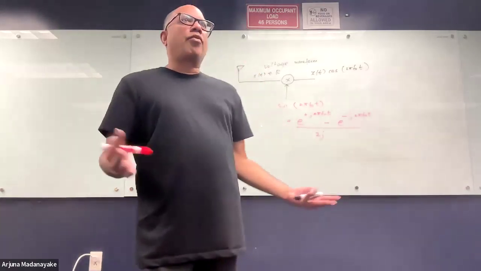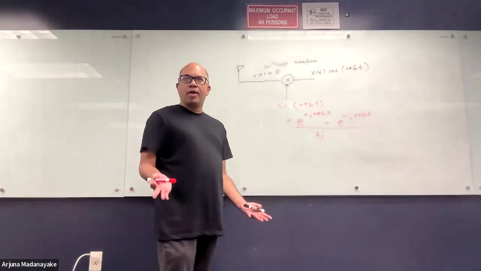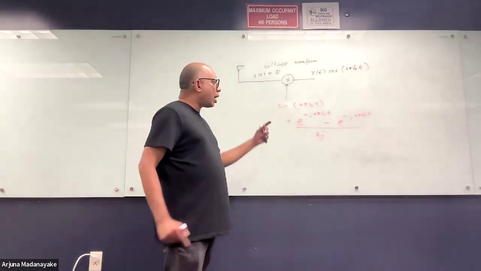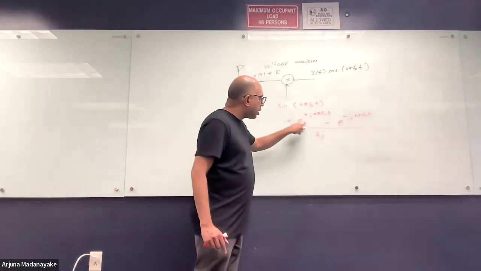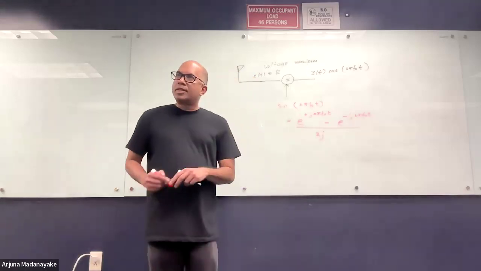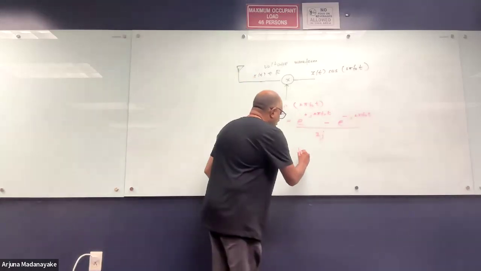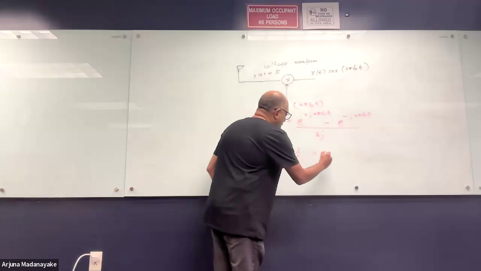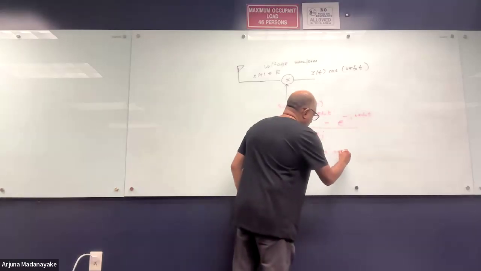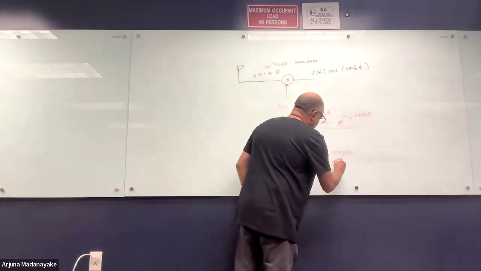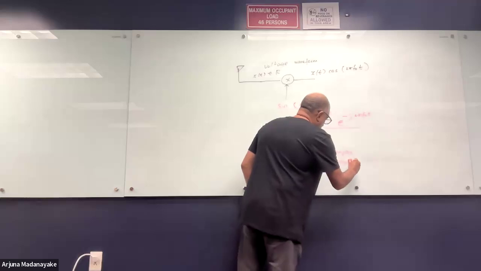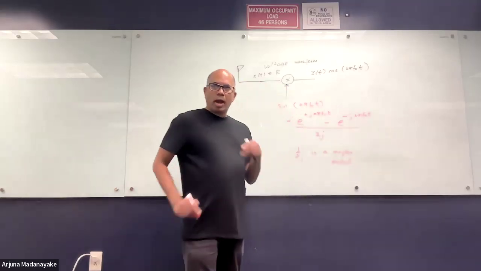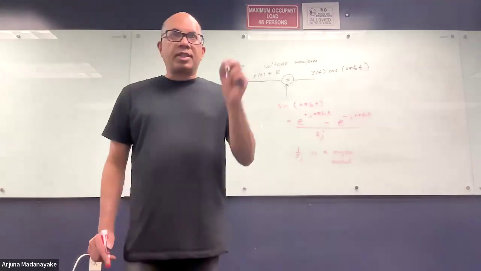But that's fine because capital X of f is anyway complex valued, no matter what you do. So you can scale it by any constant, including a complex constant. Remember, 1 over 2j is a complex constant. It's actually an imaginary value, but it's a constant.